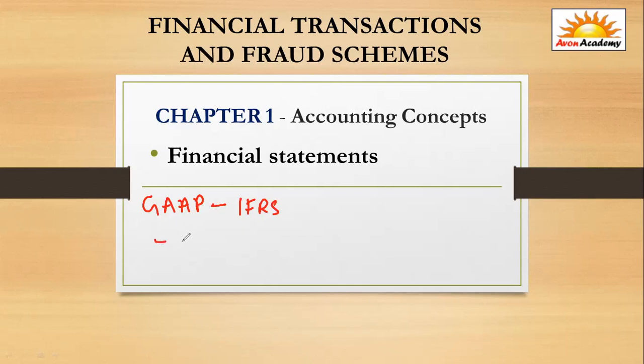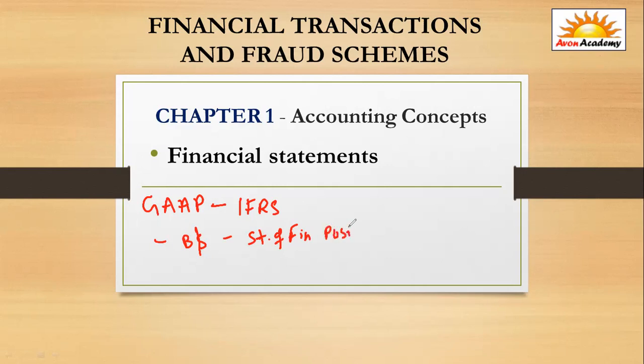One is your balance sheet, also known as a statement of financial position. In the US market we identify this as the statement of financial position. That means it shows the financial position of the company at one particular point of time.